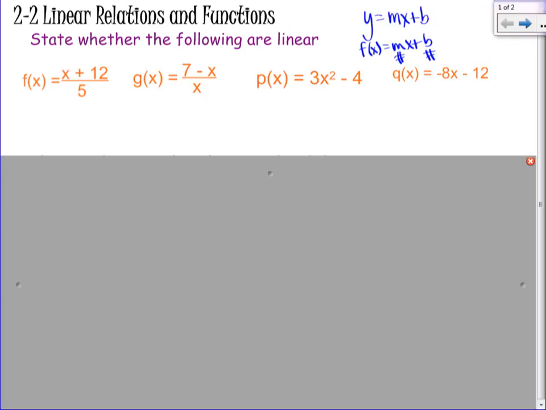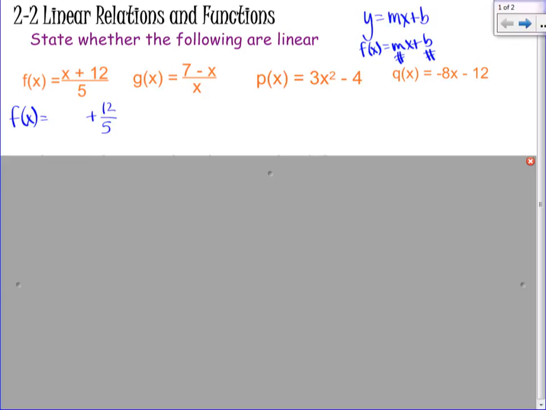I'm seeing yeses and nos. Well, one of them's right. Those of you that say yes, how could you write this as mx plus b? I agree with this.